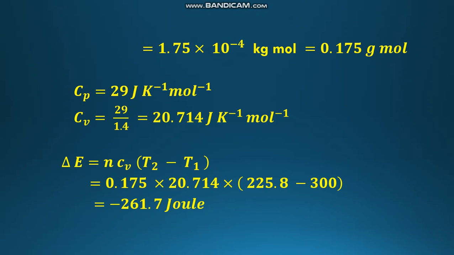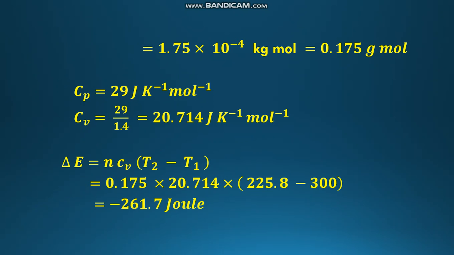Similarly, Cp is equal to 29 joule per kilomole K, Cv is equal to 29 by 1.4, which is equal to 20.714 joule per kilomole K. Similarly, we can estimate delta E by the equation n Cv into (T2 minus T1).